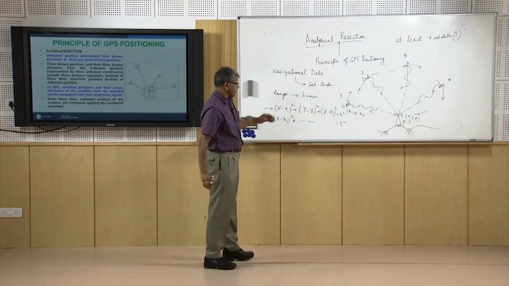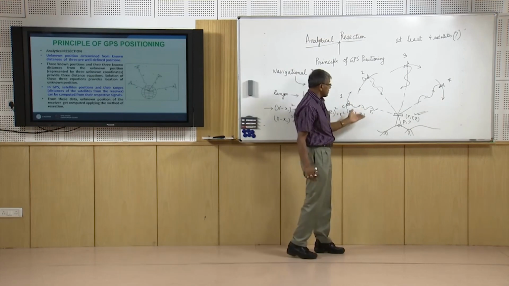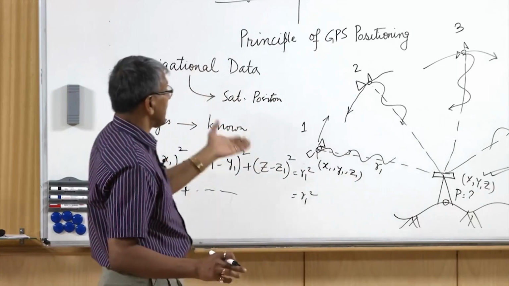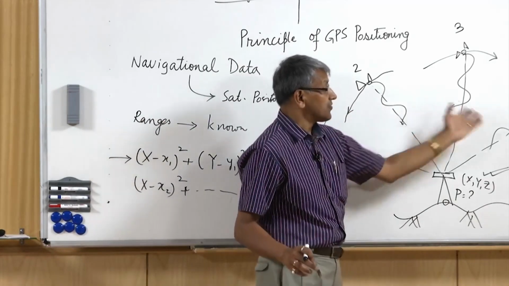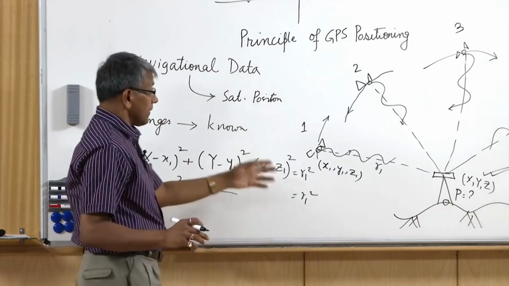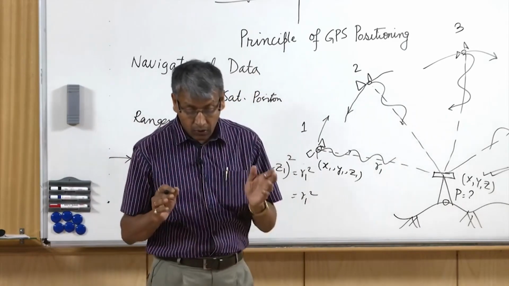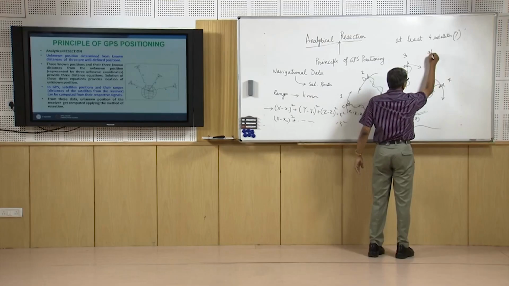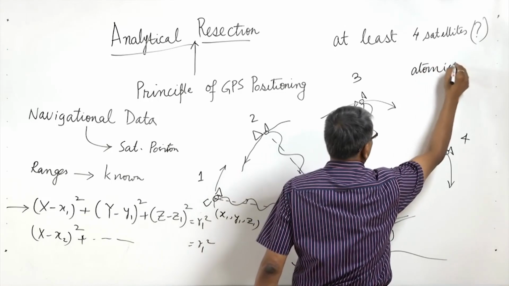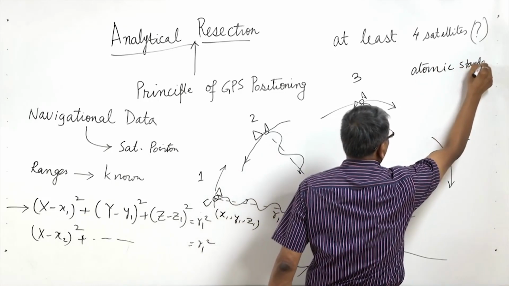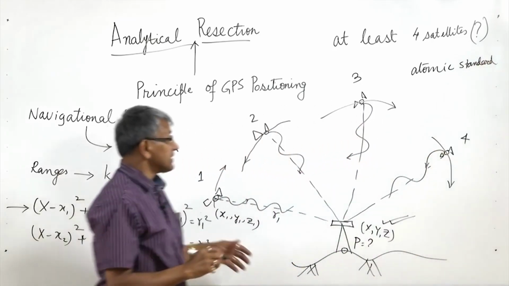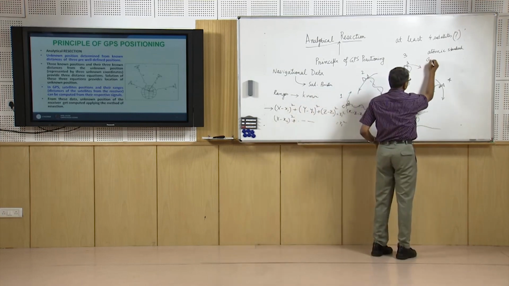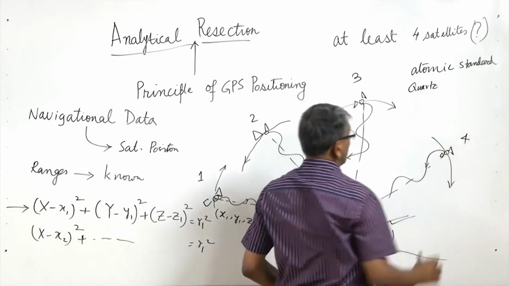Now, we know that in case of GPS it is not 3 satellite signals, but signals should be available from at least 4 satellites. The reason behind this is that the clocks in the satellites are of atomic standard, and the time measurement device used in our receiver is a quartz clock.